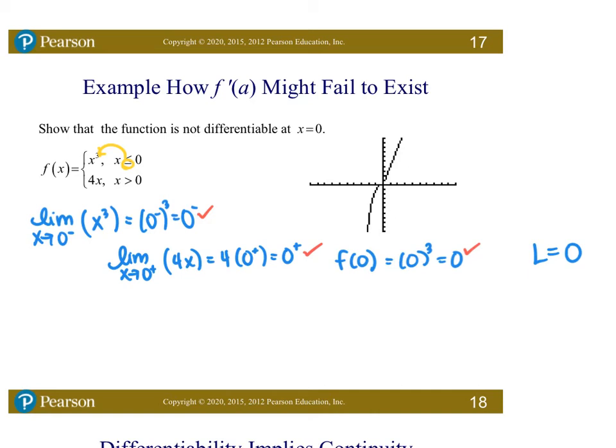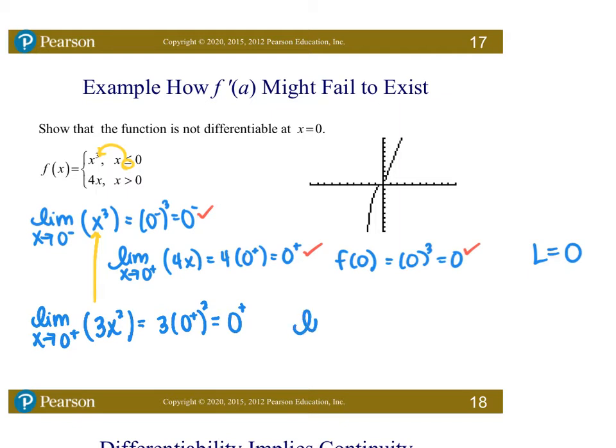Now I'm going to check the derivatives. So the limit as x approaches 0 of, and now I want to find the derivative of the left piece. And using our power rules, the derivative is move the 3 to the front and decrease the power. All right, we'll plug 0 into that, so 3 times 0 minus squared, that will be 0 positive.